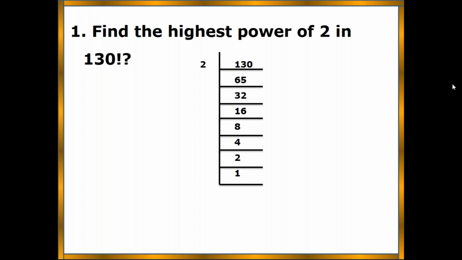At the end, after completion of division, you add all the quotients from bottom to the top. 1 plus 2, 3. 3 plus 4, 7. 7 plus 8, 15. 15 plus 16, 31. 31 plus 32, 63. So 63 plus 65, 128.